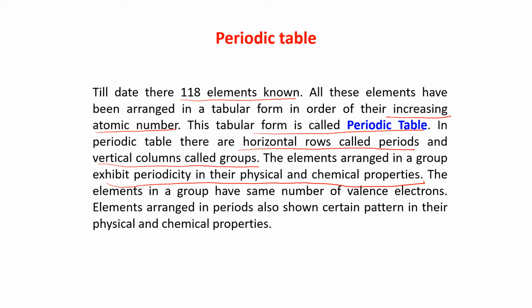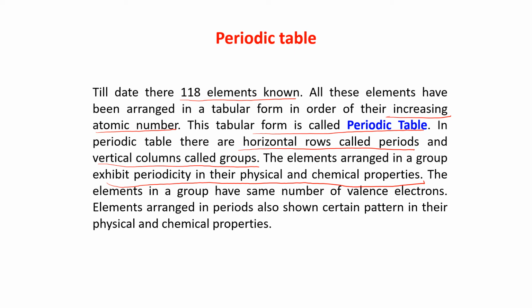and that is why we have arranged it in a particular way, in a tabular form. We are arranging the elements because if you arrange them in a particular group, they are showing similar chemical and physical properties. It will be easy for us to remember.